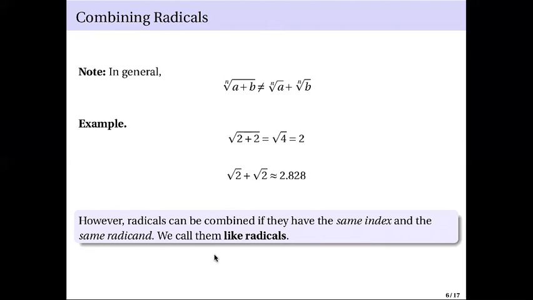So analogously, like radicals are radicals that have the same index and the same radicand. So this is one way to simplify radical expressions: combining like radicals.